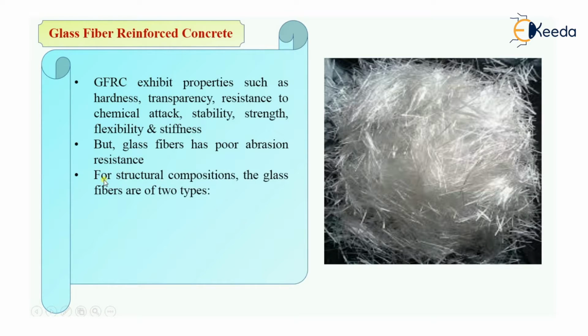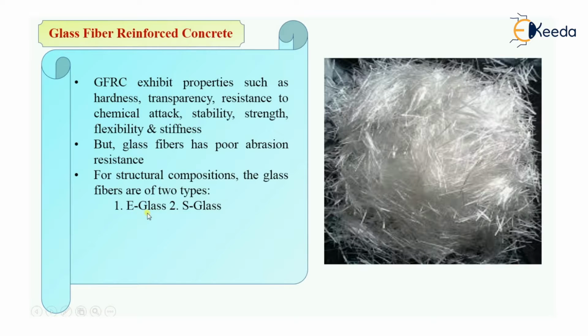For structural composition, the glass fibers are of two types. We have seen this concept in the video on the types of fibers. First is E-glass fibers and second is S-glass fibers, and we have seen their properties.